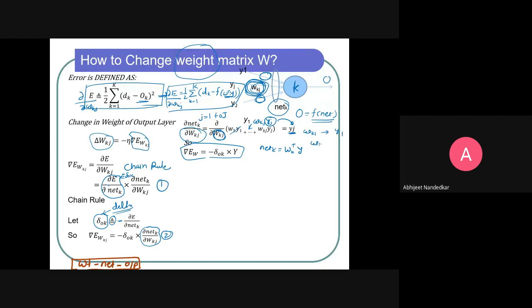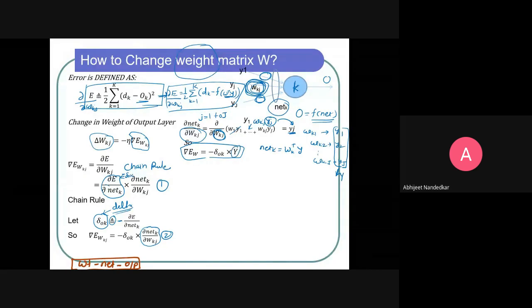If I differentiate with respect to W_k2, I will get y2, and so on. For W_kJ, I will get y_J. So if I collect all this, it becomes Y, that is input. This Y is a vector, and this is my error signal delta_ok.